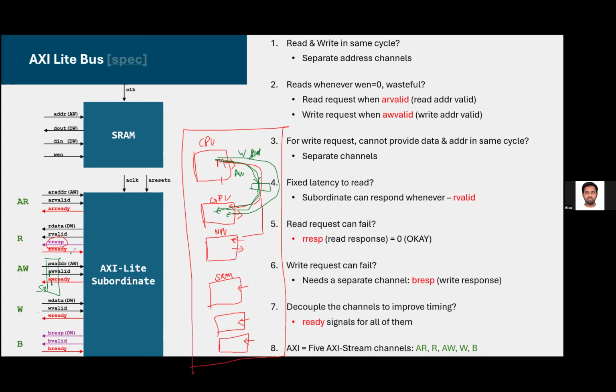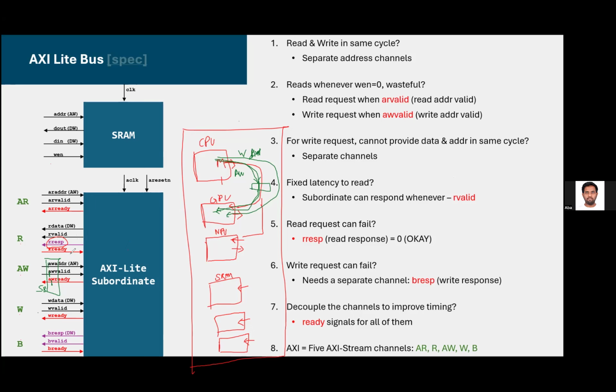So AXI Lite is used for configuration, for writing maybe one or two registers and reading one or two registers, stuff like that. But AXI is a full performance bus where you can read a lot of things at once. So that is the key difference. We'll look at this.